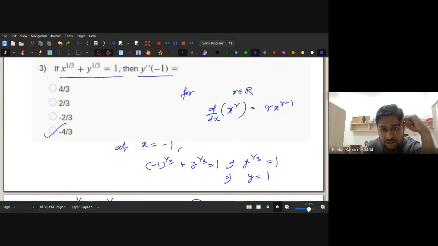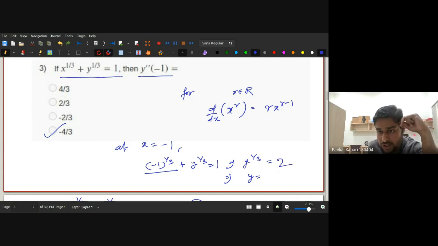And I think there is some problem. So what was the problem? So at x equal to minus 1, okay, so that was the problem. If you put x equal to minus 1, then on the right hand side, this will get added up, so this will just become 2.